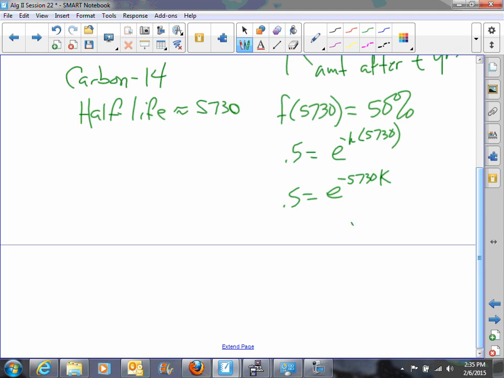The cool thing is we've got a base of e, and we have a logarithm with a base of e on our calculator, so we can just use the natural logarithm. In other words, this rewrites as log base e of 0.5 is equal to negative 5730k. Now, to solve for k, we would simply divide both sides by negative 5730.